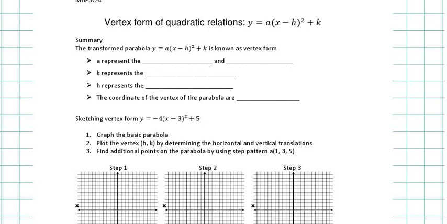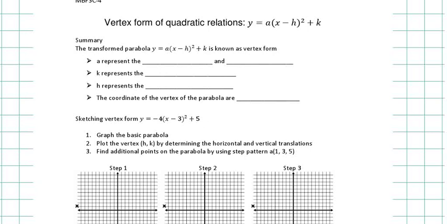Okay, so remember that the vertex form is going to look like y equals a bracket x minus h squared plus k, where a, h, and k are numbers, right? Now, a represents what? When I'm stating transformation, what would I say for a? What does a do to my graph? It changes the step pattern.